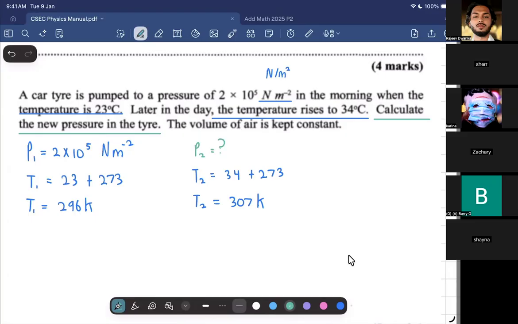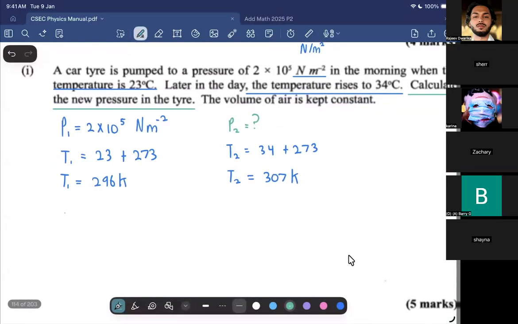Is there any law that you all know of that has pressure and temperature in it? If you could remember, what law is that? Is it the pressure law? Yes, that is Gay-Lussac's law.